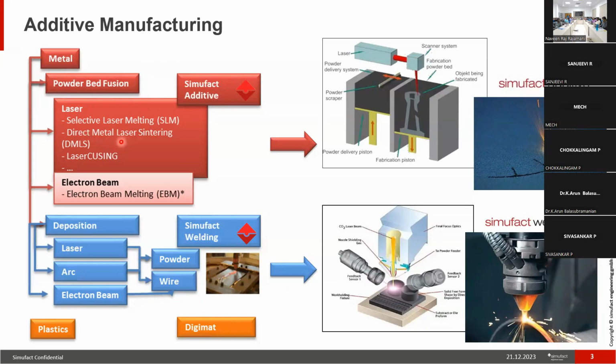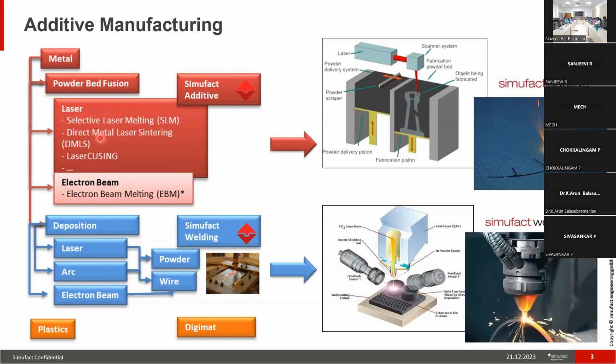These are different terminologies used for the powder bed fusion process. Even though the names are different, the technology behind is almost the same. Based on the different companies who developed these processes, broadly it is known as powder bed fusion, but laser-based processes can be known by names like selective laser melting (SLM) or direct metal laser sintering, known as DMLS.